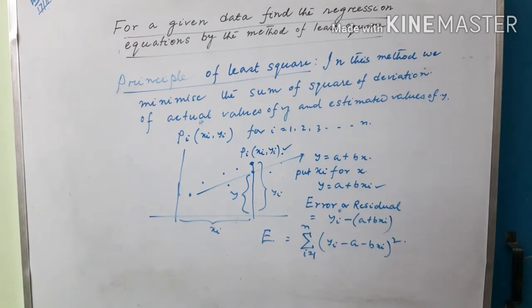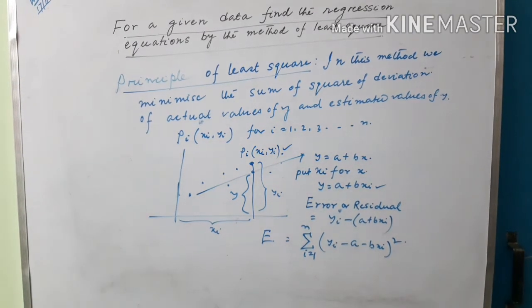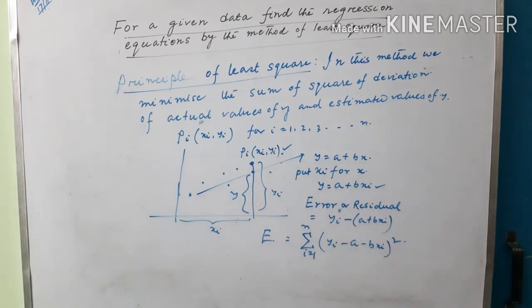Clear? So E is this one, and in the next stage we discuss how to minimize the sum of squares of all these errors. Obviously this type of minimization is based on the principle of maxima and minima, which you have already seen in our application of derivatives.